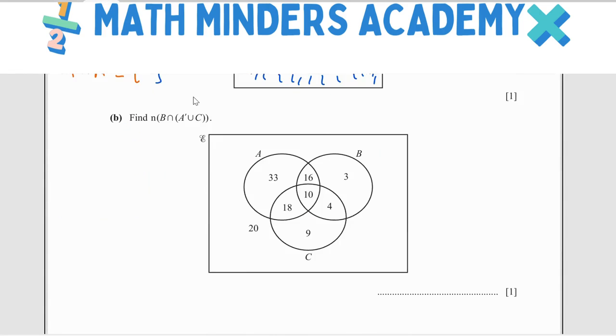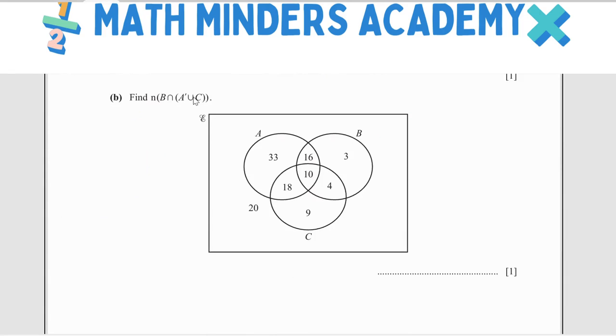Okay, you go to the B part here. Number of elements in B intersection bracket A prime union C. Now, let us get A prime. If you look at this now, you will see that A prime is everything outside this circle here.